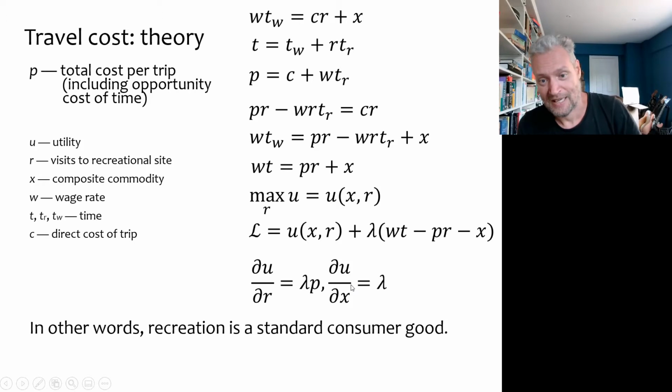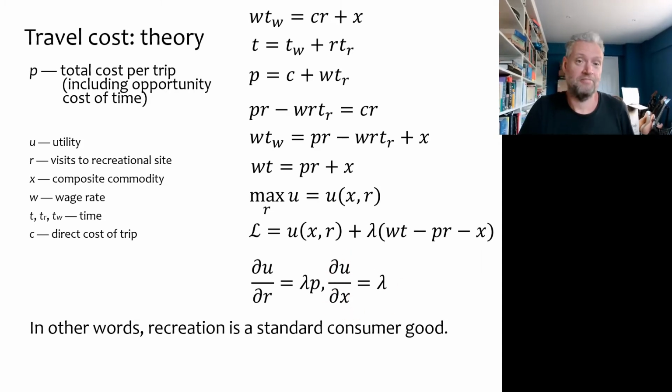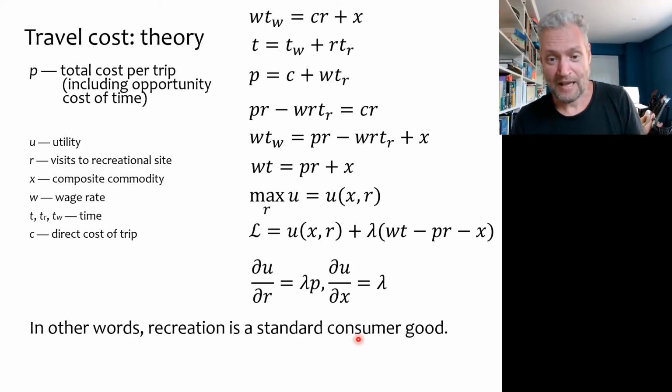So essentially what this says is that the marginal utility of material consumption should equal the shadow price of that consumption. That's an equimarginal principle. And the marginal utility of recreation should equal its shadow price.